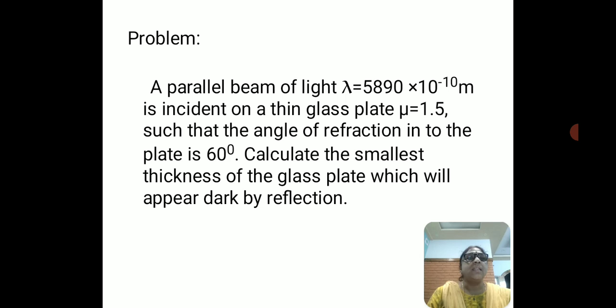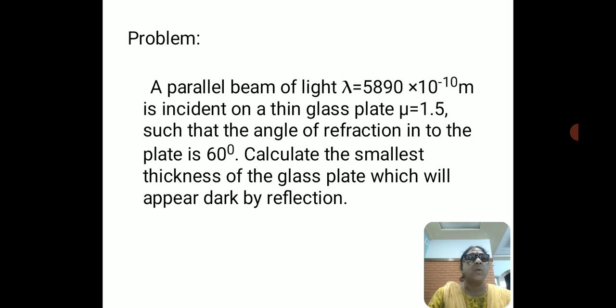So we have seen the conditions for maxima and minima in case of reflected light. Let us see a problem on the basis of this. A parallel beam of light of wavelength lambda equal to 5890 into 10 to the power minus 10 meter is incident on a thin glass plate, mu equal to 1.5, such that the angle of refraction into the plate is 60 degrees.